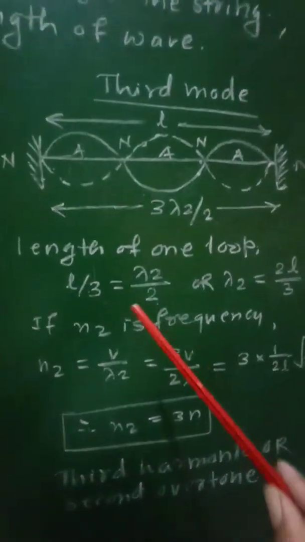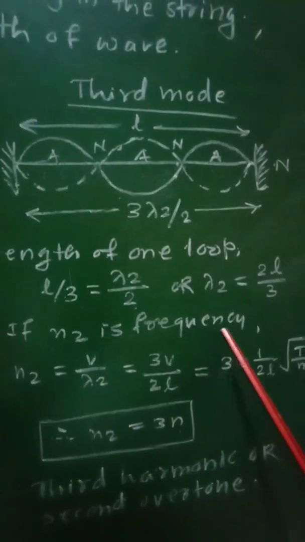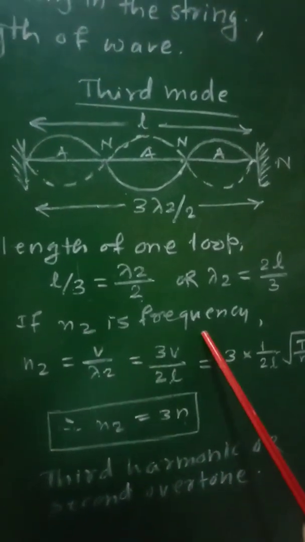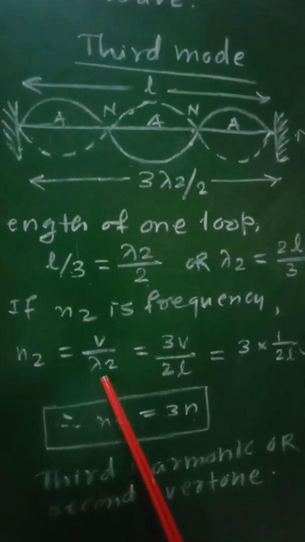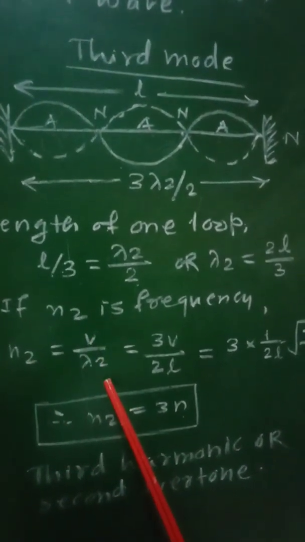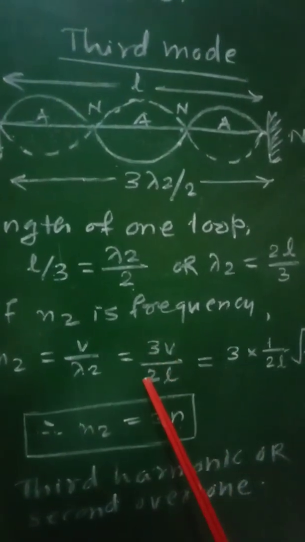If N2 represents the frequency of vibration for this third mode of the stretched string, then N2 is equal to v by lambda 2, that is equal to 3v by 2L.